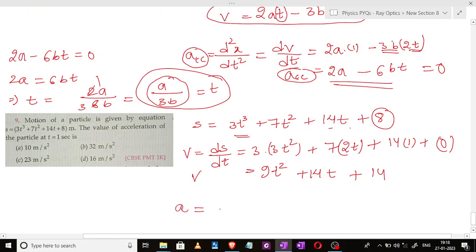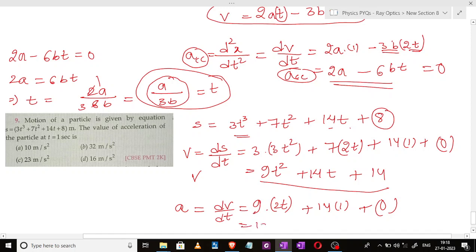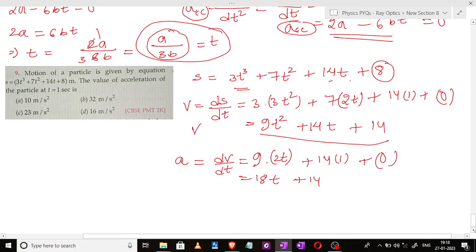Now acceleration is d dt of v. So we have to differentiate v again. So again, 9 into t square gives 2t, right? Then 14 into t differentiation is 1, and 14 differentiation is 0 because it is a constant. So 9 into 2 is 18t plus 14, 18t plus 14. So this is the value of acceleration, right?